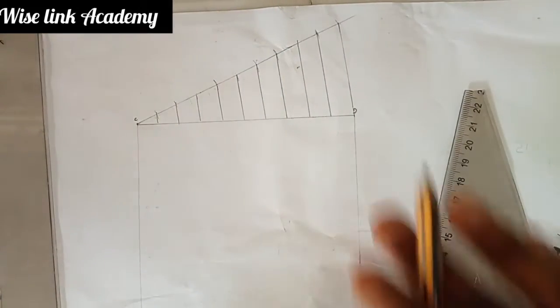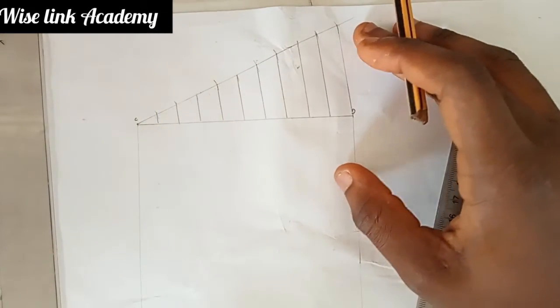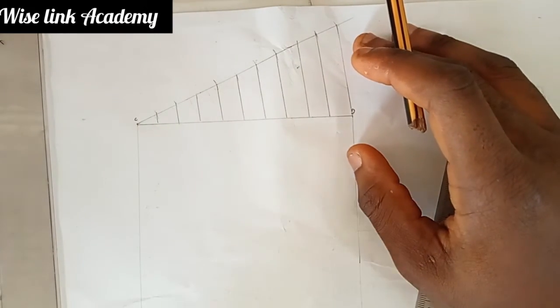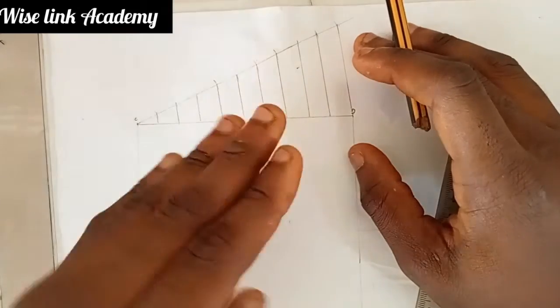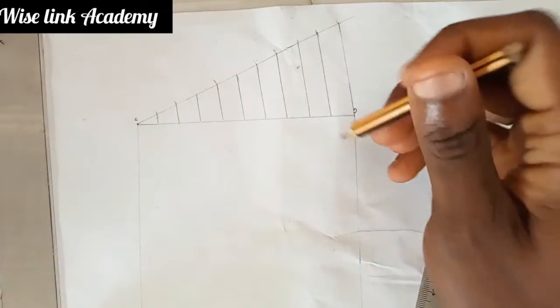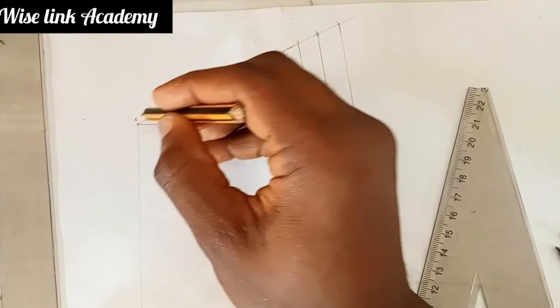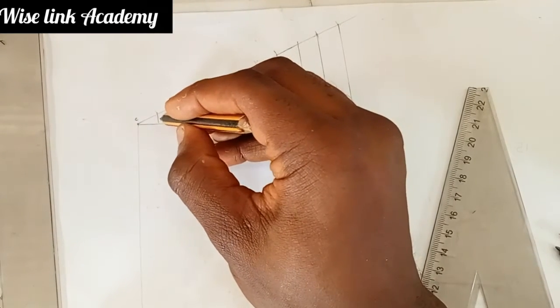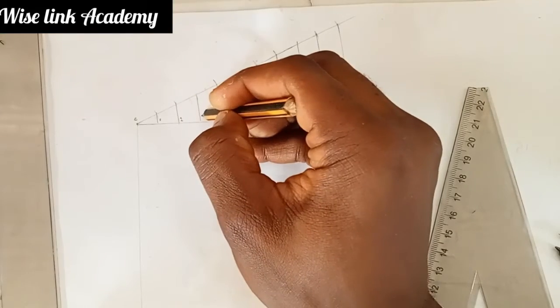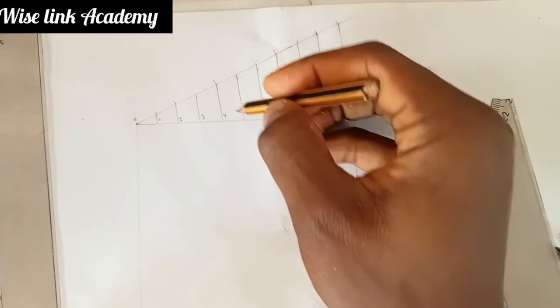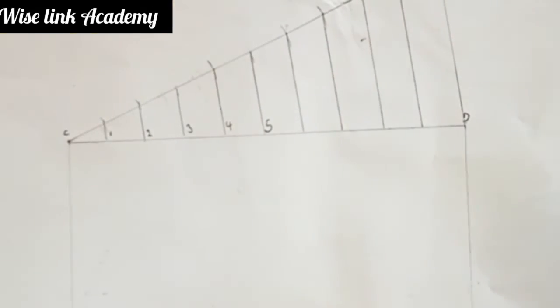The next thing to do after you achieve this is to divide this line into 2. Let's say here is 0, then here will be 1, 2, 3, 4, 5. Can you see that?